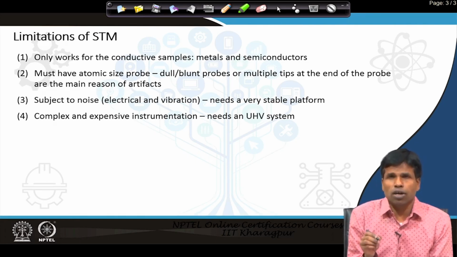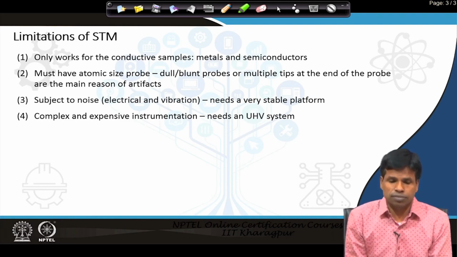If our tip is dull or blunt or has a larger size, then our lateral resolution will degrade, or the image can have artifacts. So, a dull probe or multiple tips would become a problem for scanning tunneling microscopy.